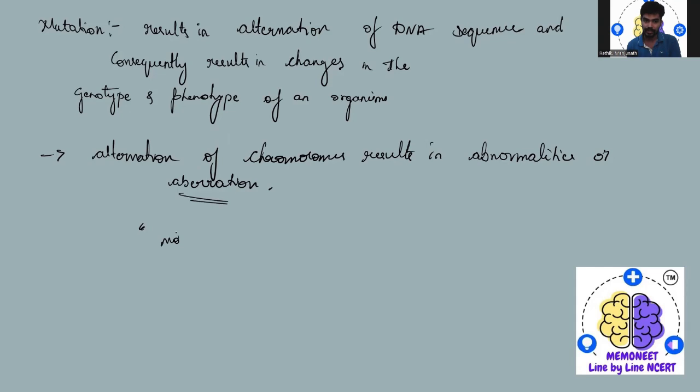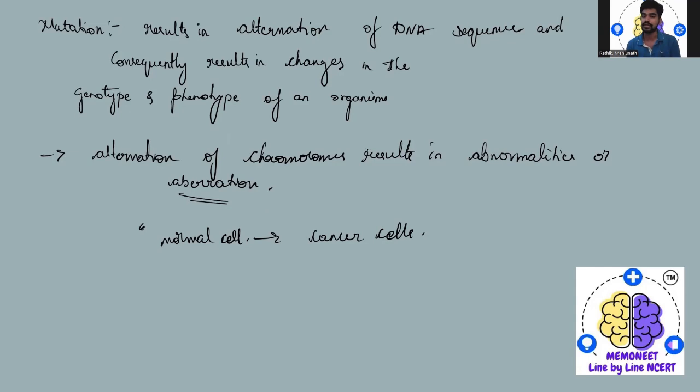You know what the function of a normal cell is. But if there is any alteration in the chromosomes of a normal cell, that leads to cancer cells. You can see cancerous cells don't follow the condition of a normal cell.